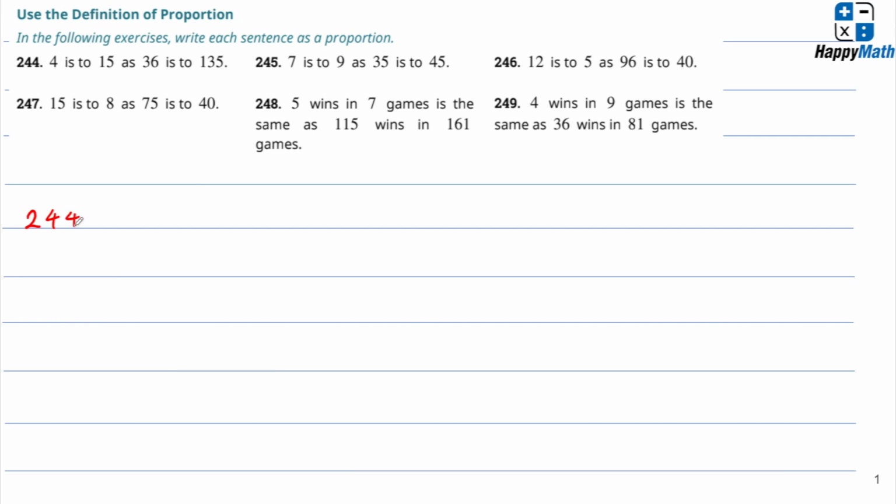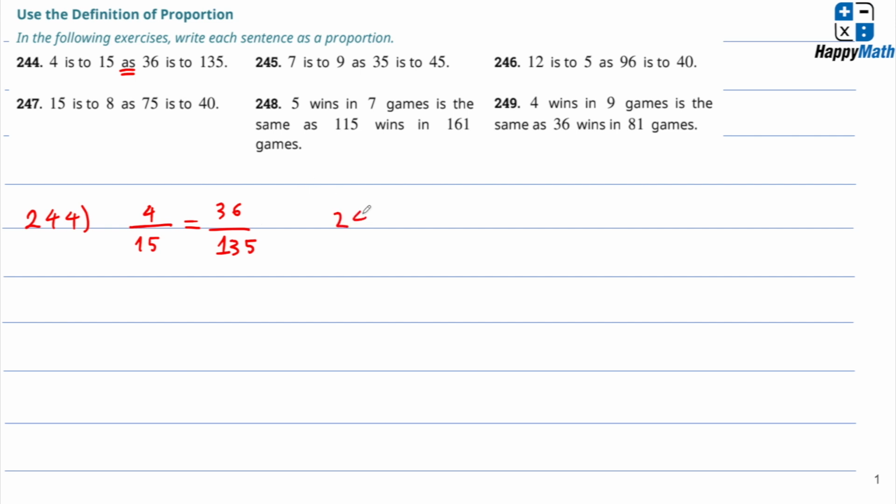So the first question here, 244: the "is" here means equal. So you got 4 is to 15, which means 4 over 15 has to be equal to 36 over 135. Yeah, that is the proportion.